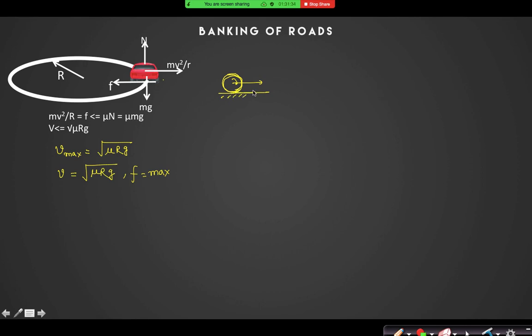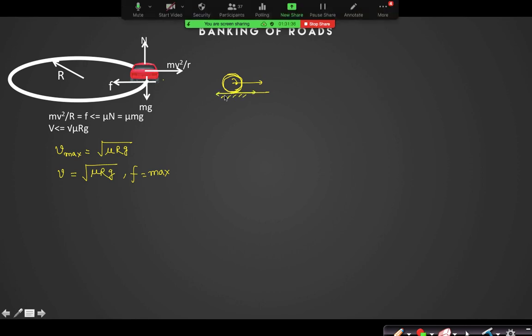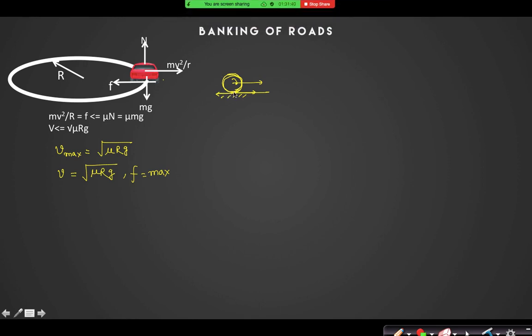That friction may be forward or backward. It is a static friction, and it has a very small value. And if something is rolling, ideally, friction is absent. Even if there is a friction coefficient between the tire of the car and the road, when something rolls, there is no friction.